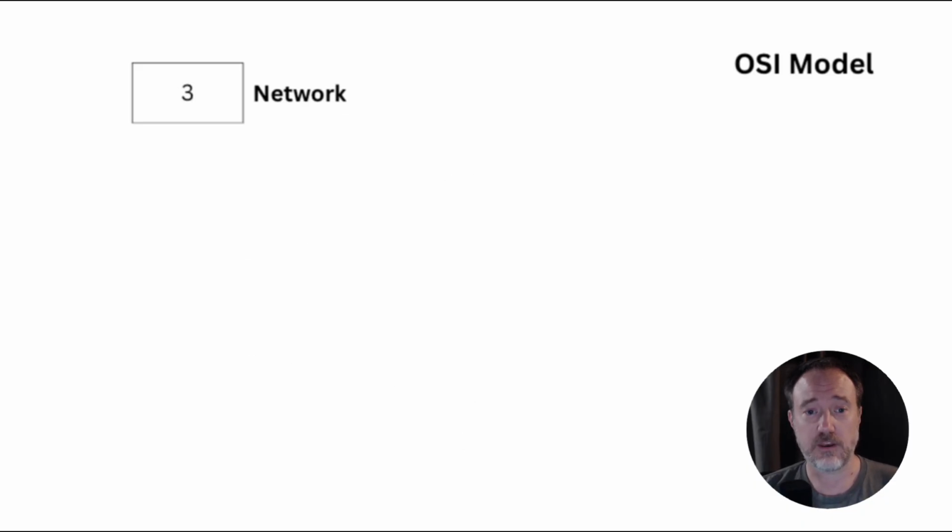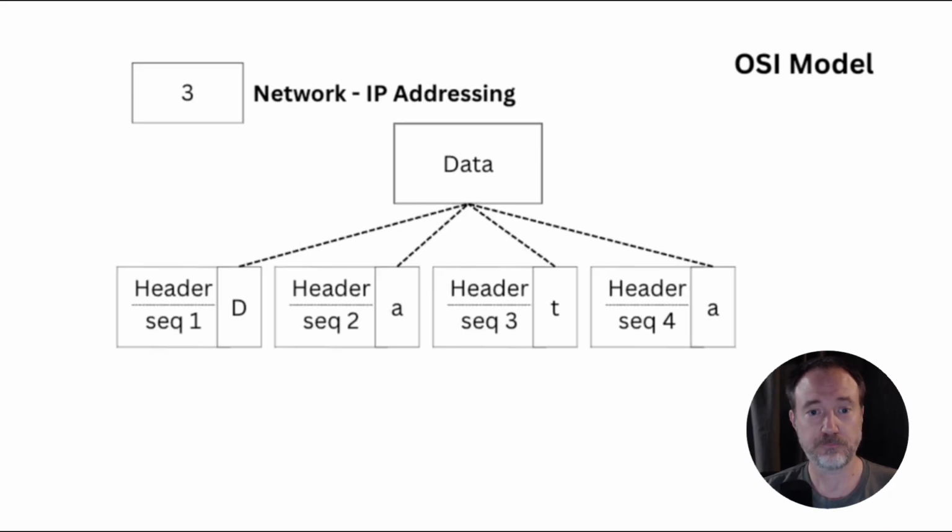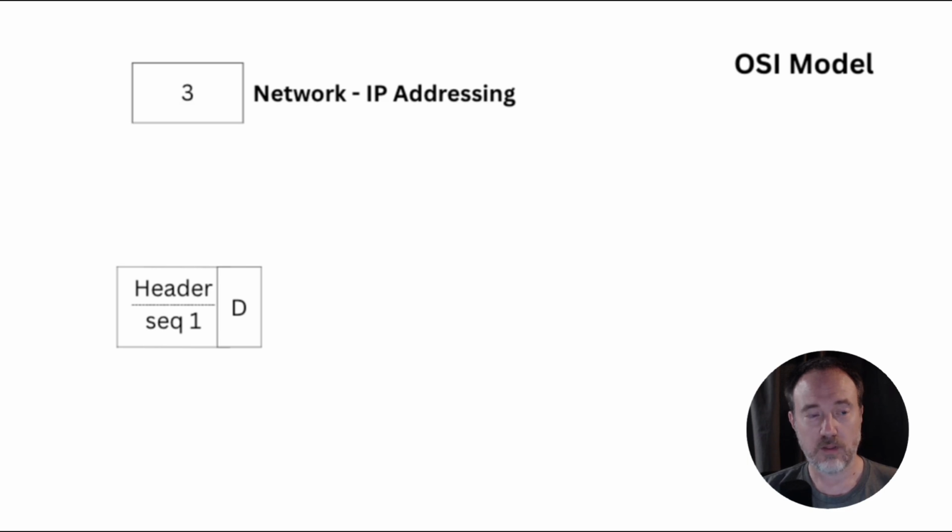So, moving on to the network layer. This is responsible for the logical addressing, which we would call IP addresses, and we usually use IPv4 or IPv6 for this. When that segment is done at layer 4 and it comes down to layer 3, what we're left with is this segment, and now the network layer has to add its own header to that segment.